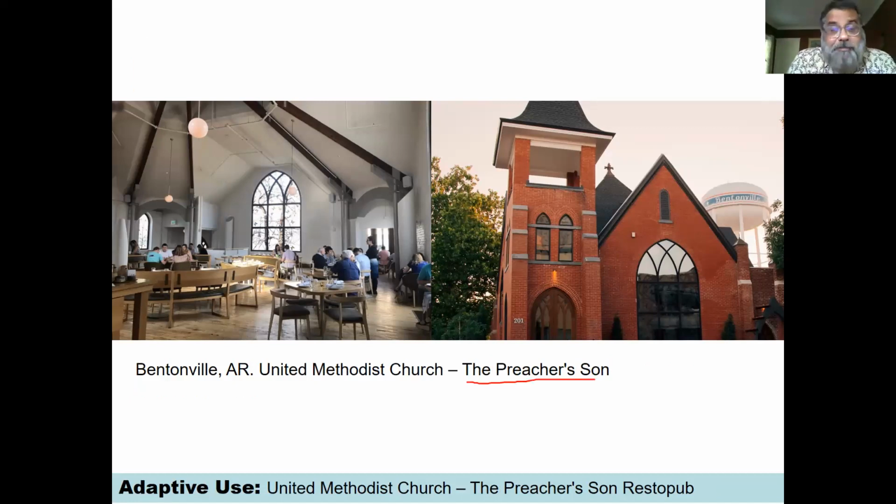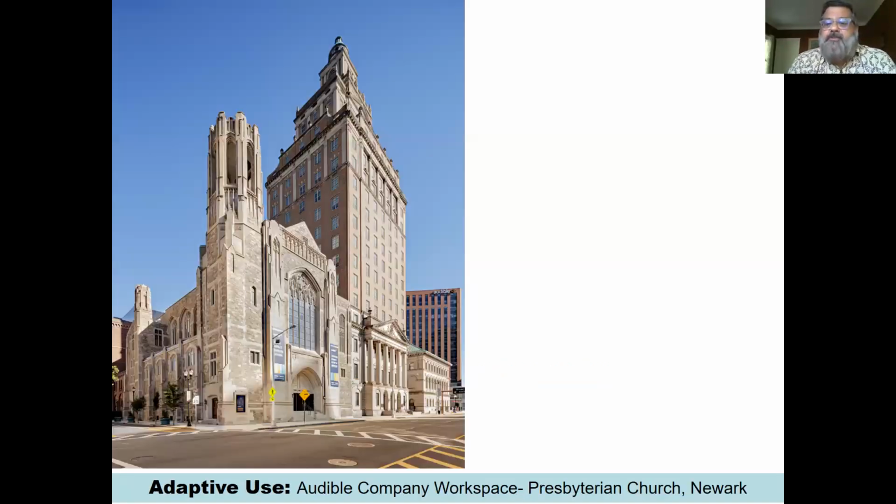It is actually by a business that the preacher's son created. His father used to be a preacher in this space, in this parish. So it's now a well-known, well-loved restaurant space.